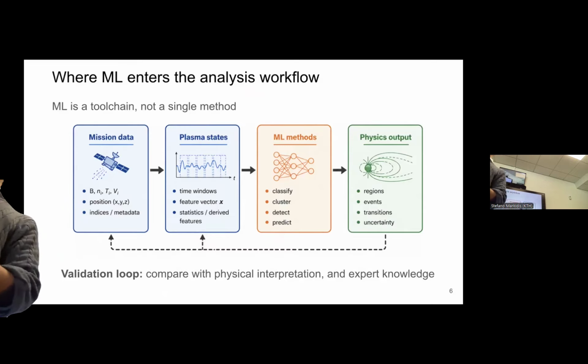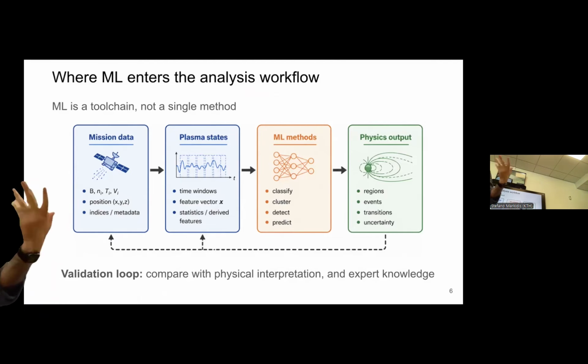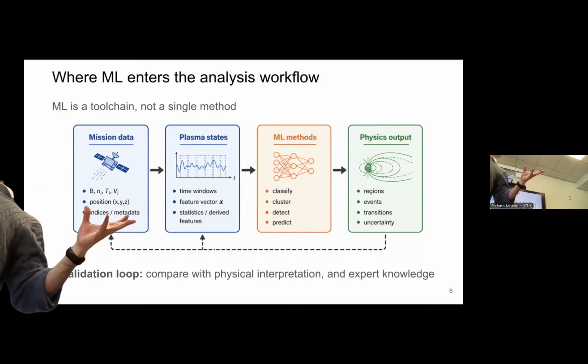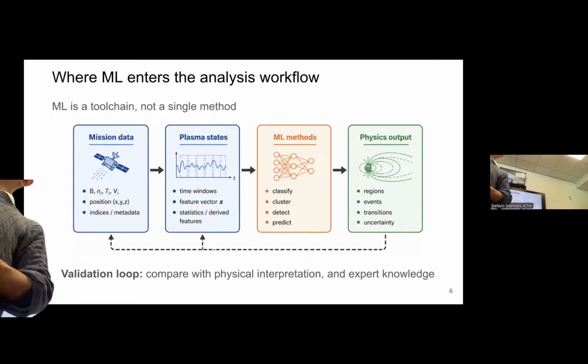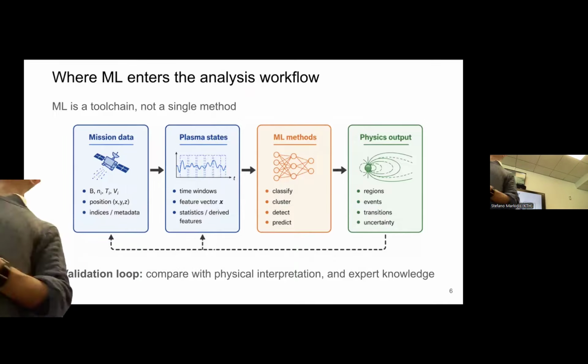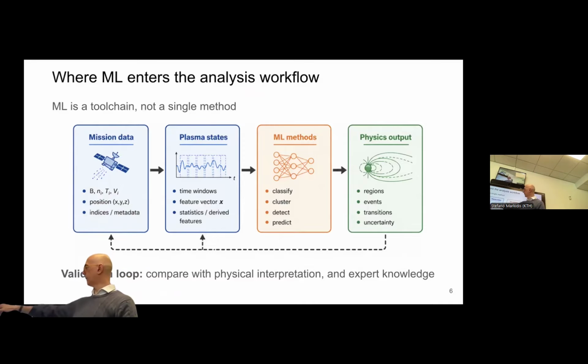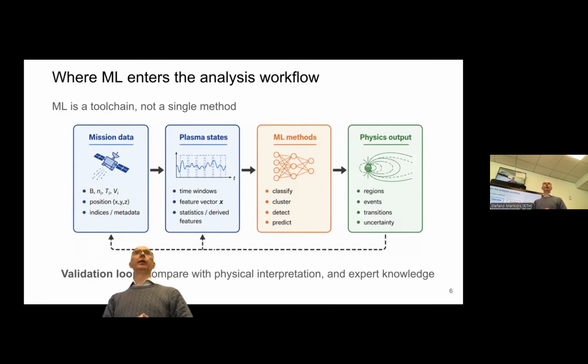You probably take a window that is large enough to include, for instance, a bow-shock crossing if you are after bow-shock, but not big enough that everything gets diluted. So you need to think quite hard about how you want to treat the data. Do you take just one snapshot here, or a window of my distribution, and then that is going to be my state.